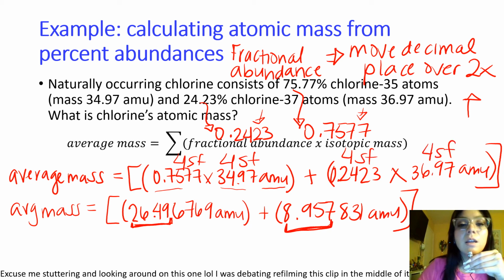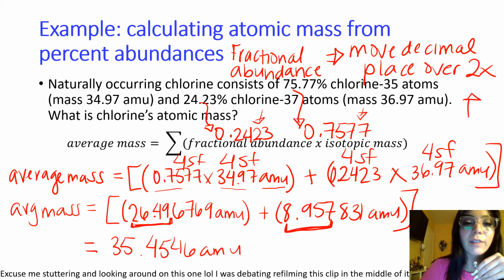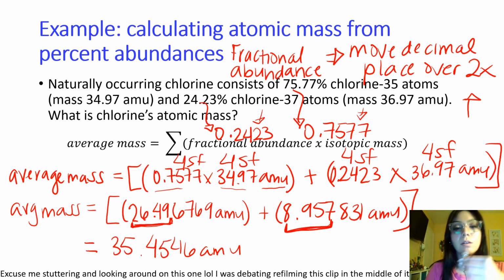Okay, now when we add this up, we get 35.4546 AMU. Because we are now looking at addition, we are going to look at the sig figs that each of the numbers we added had, and specifically at the one that has the least number of decimal places.